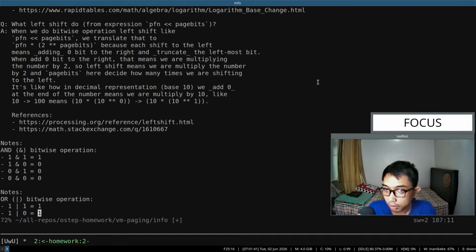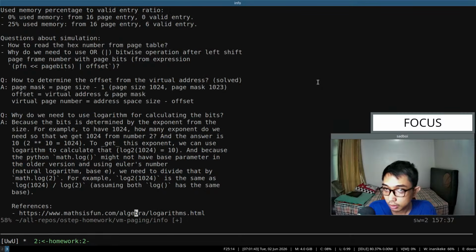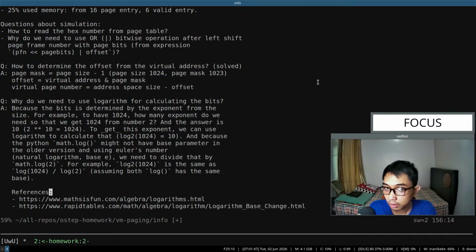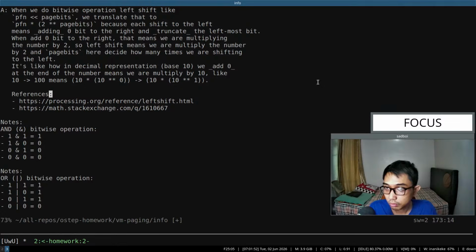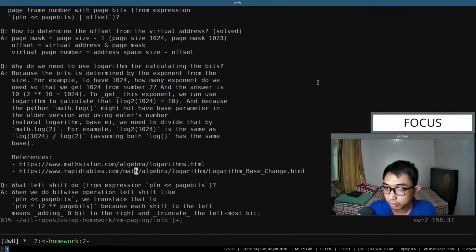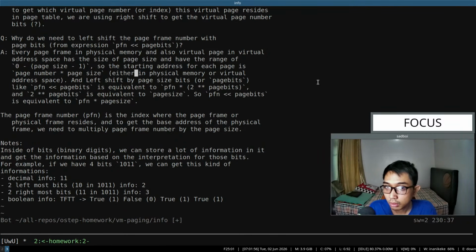Do we already explain about the page shift here? Kind of, I guess. Explain the page shift first.